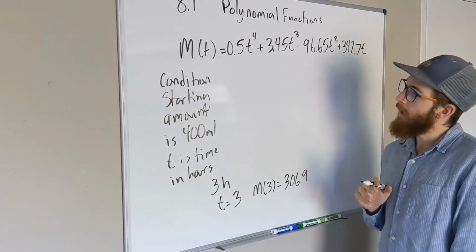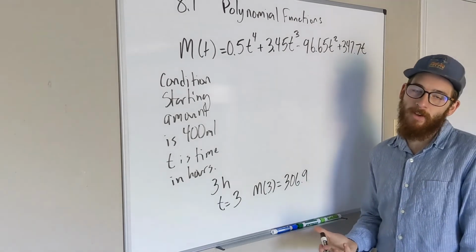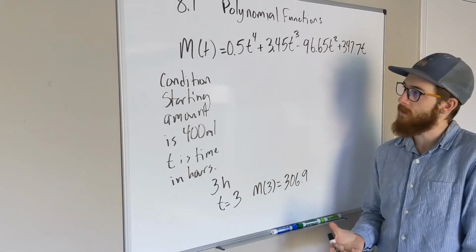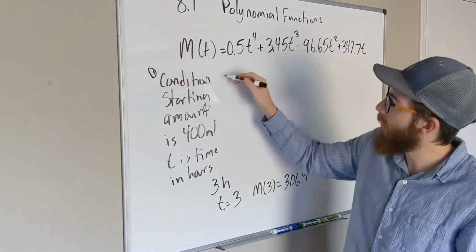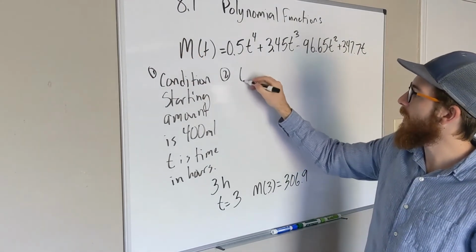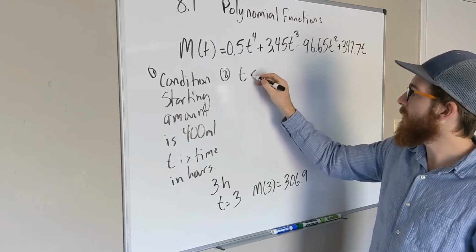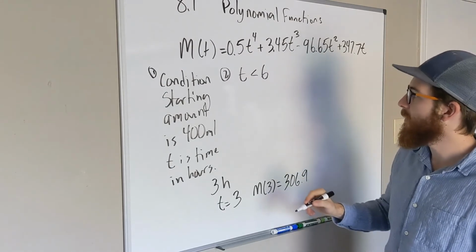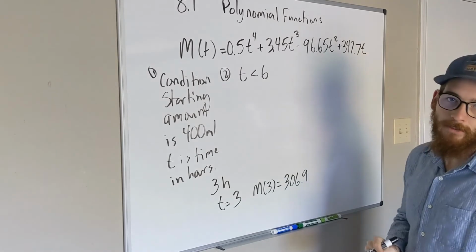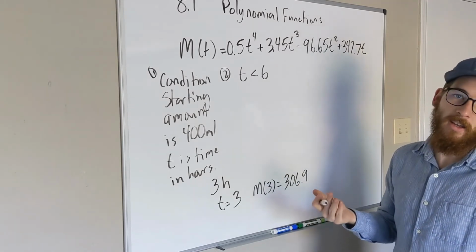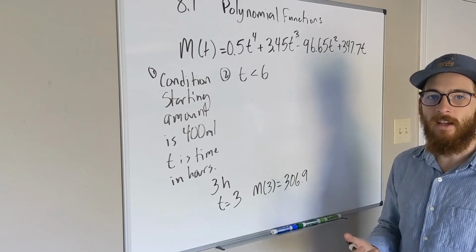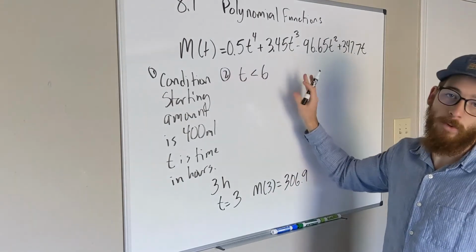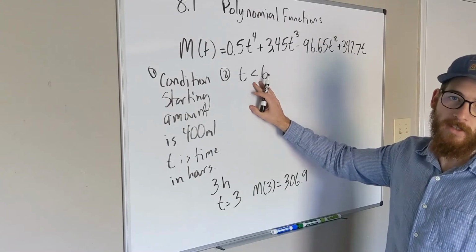So this is an example of how polynomial functions can be used. Now, this does have a second condition. Sorry, that's condition number 1. Condition number 2 is that t is less than 6. So after 6, this function is not applicable anymore.